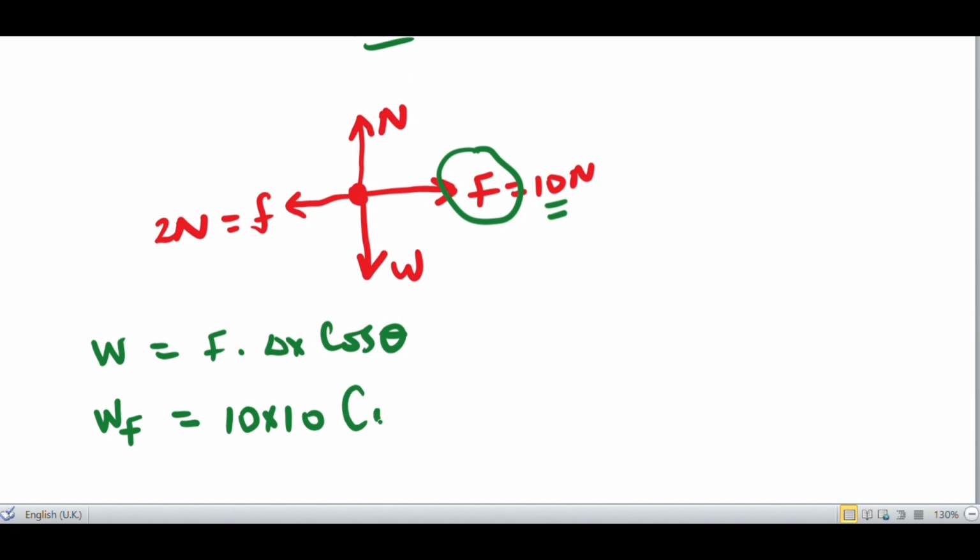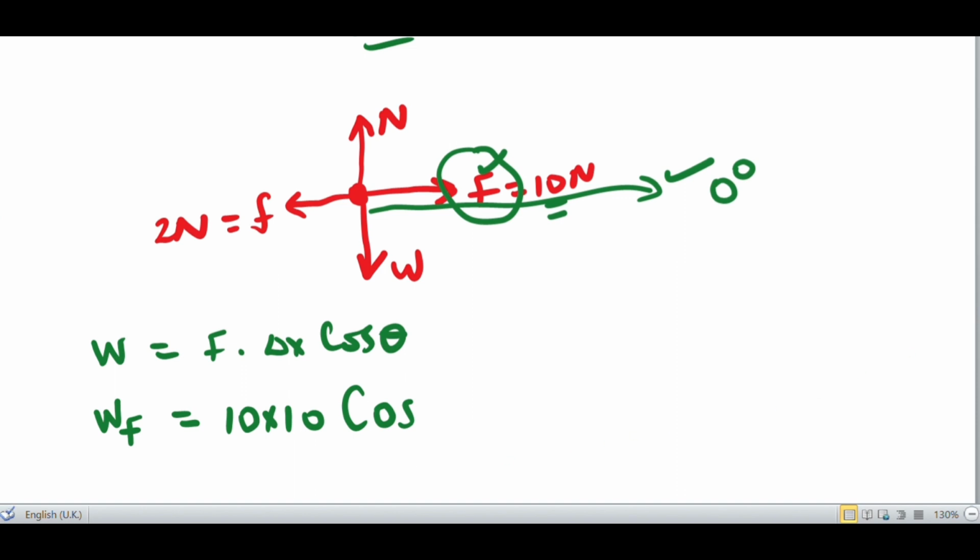Cos the angle now is the angle between the force and the displacement. Remember, the object is shifting in this direction, and the force applied is in the same direction as the displacement, therefore the angle is 0 degrees.